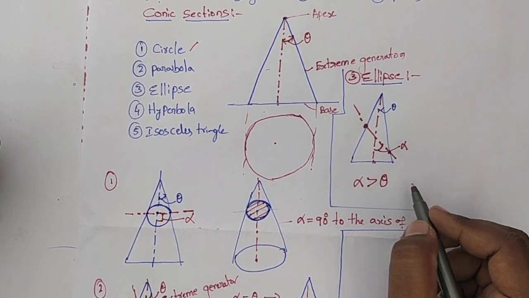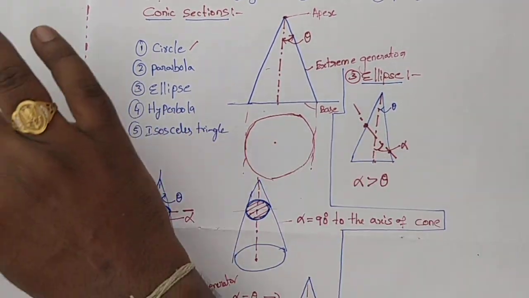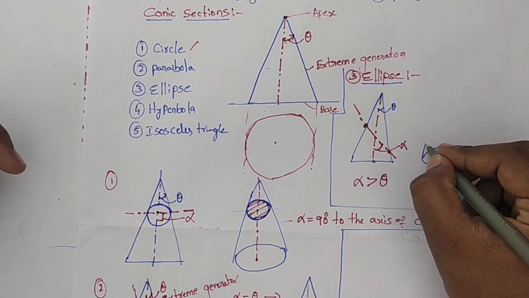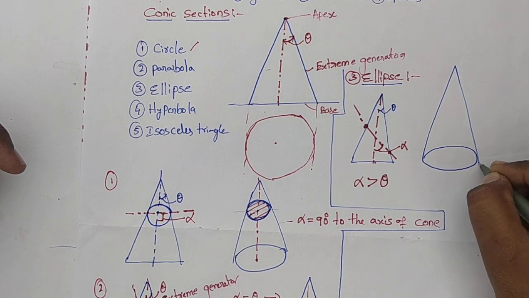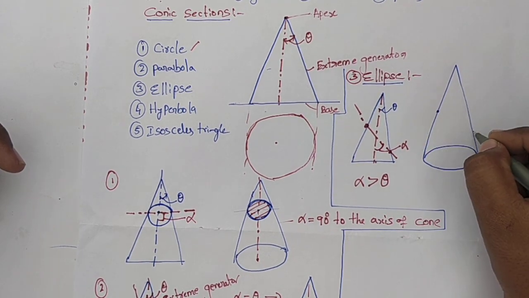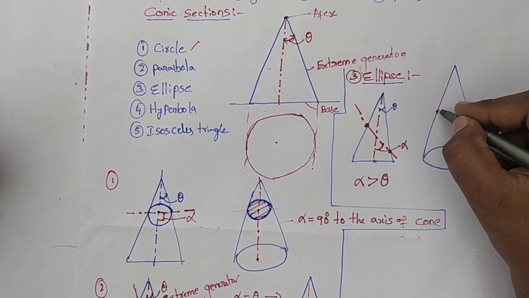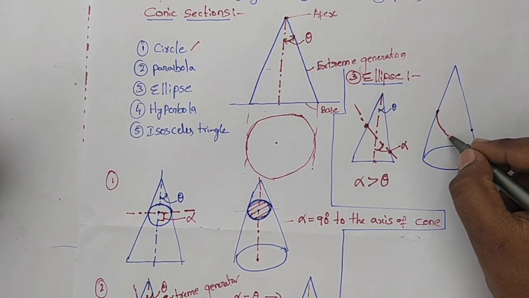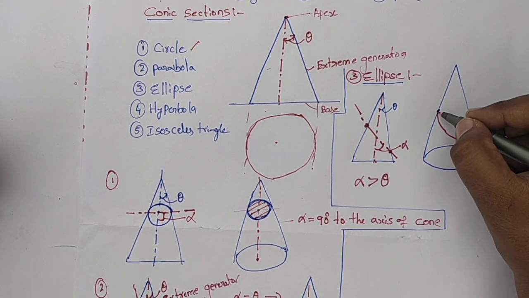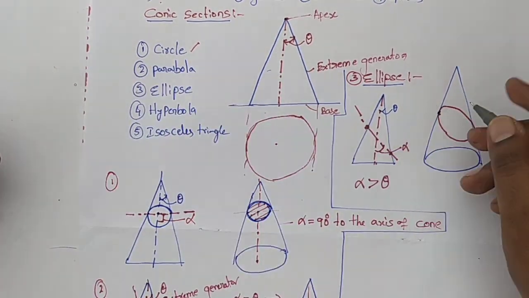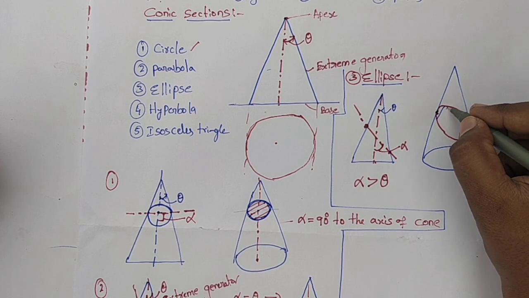At that time, the curve is formed. It can be shown in isometric view. These are the two different points. This is the formed cutting surface.